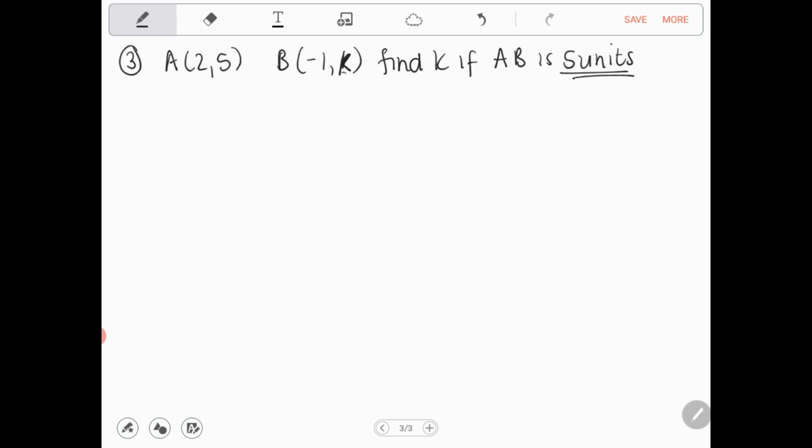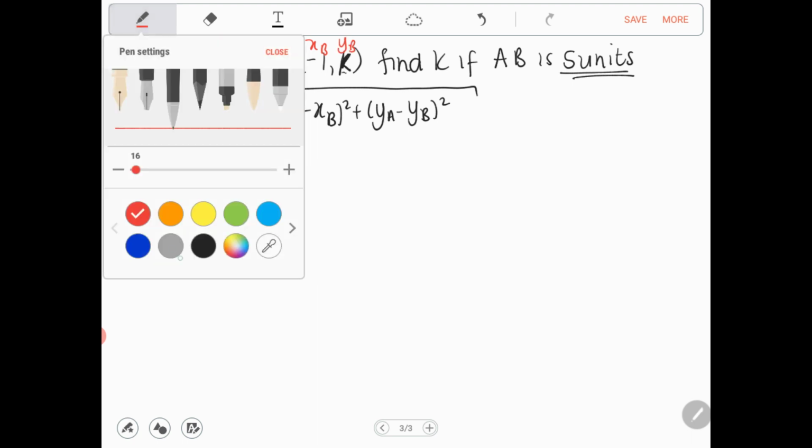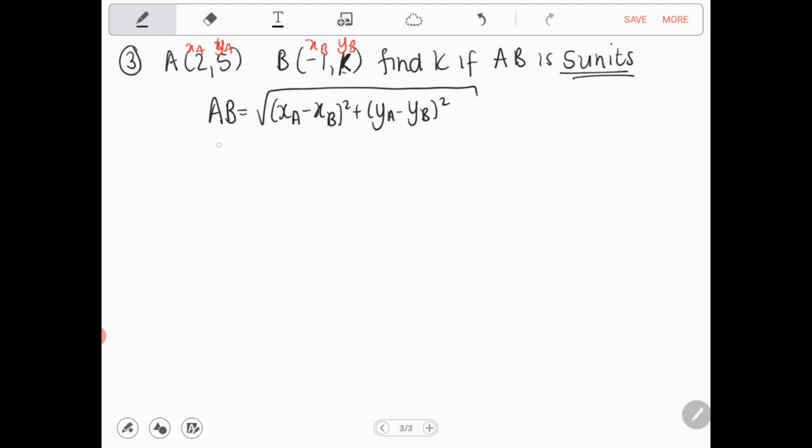So we're going to start with our distance formula. X at A minus x at B squared plus y at A minus y at B squared. Okay, and remember this is XA, YA, X at B, Y at B. All right, so AB again happens to be 5 units.